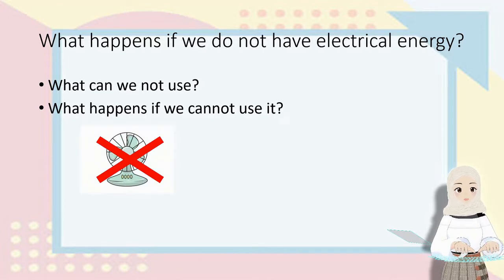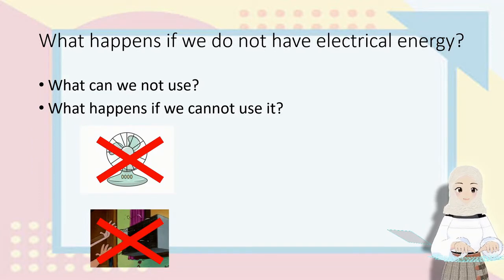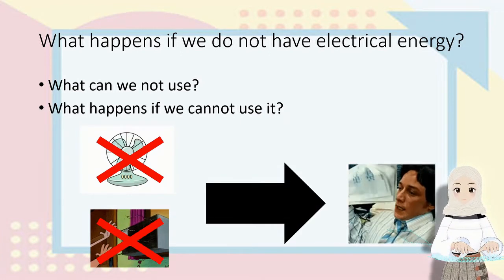For example, if you don't have electricity, you cannot use your fan and you cannot use your air conditioner, which means because we live in Brunei, a very hot country, we will feel hot. We will be sweaty.